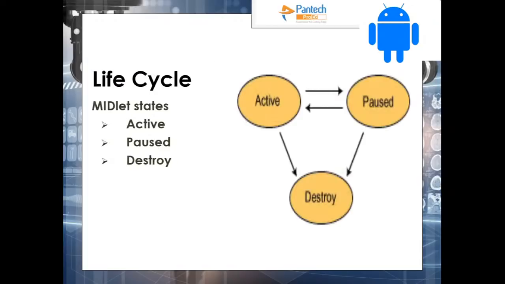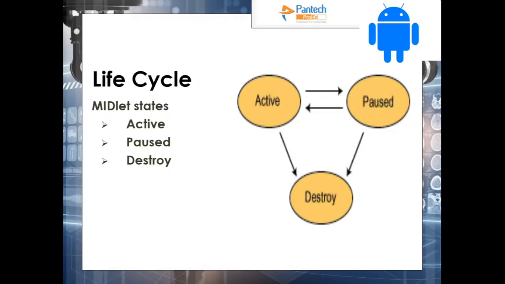If you take one application, it has three states: active, pause and destroy. Simply put, if you open any app on your mobile phone, that app is in the active state. If you leave that app using the home button and go into another application like YouTube, the first app you opened will be paused.